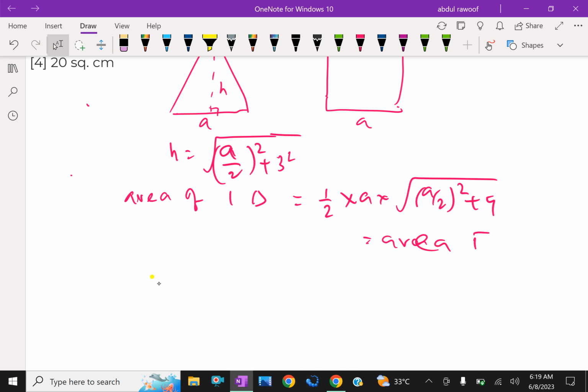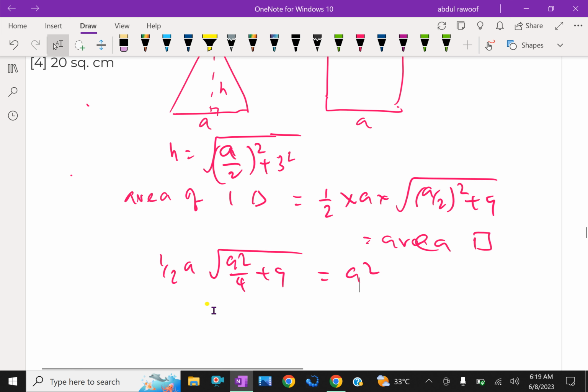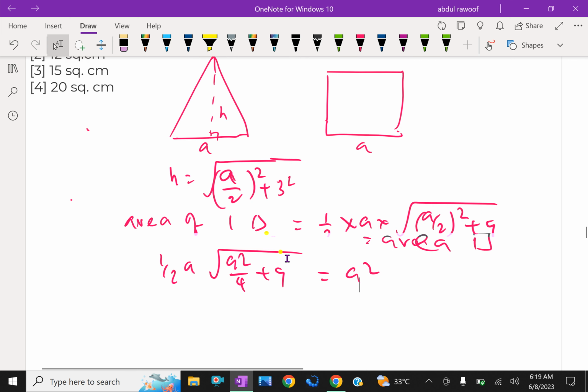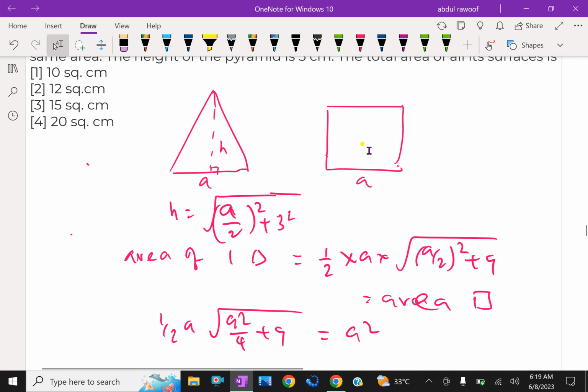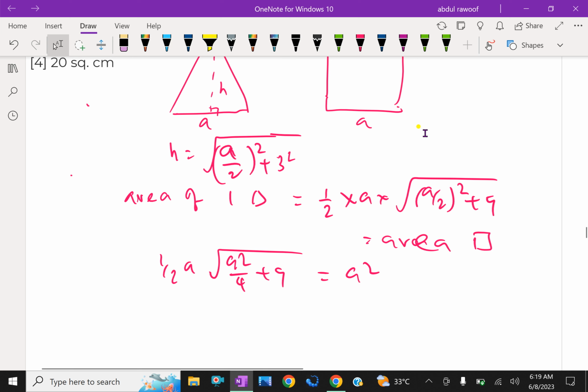Equating both, A squared by 4 plus 9 equals A squared.